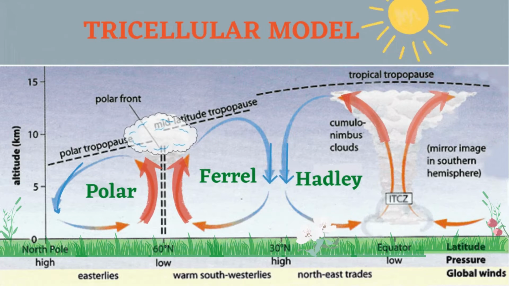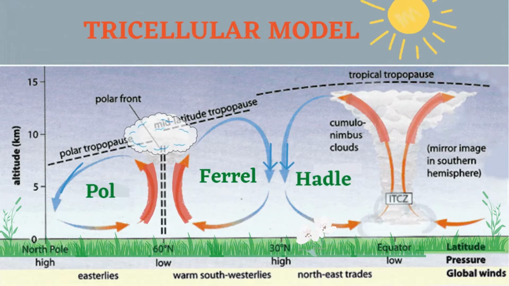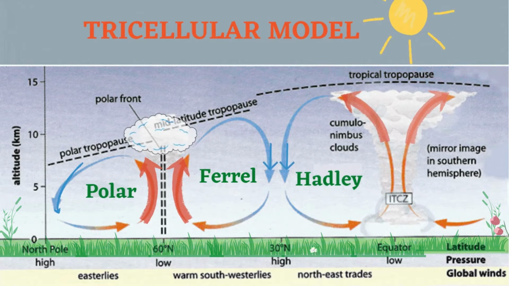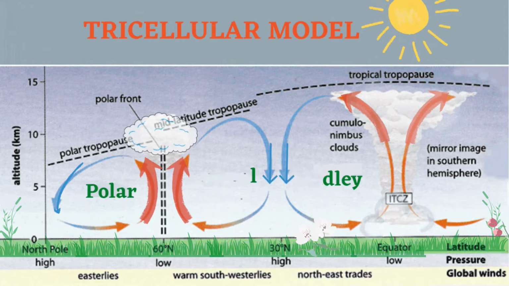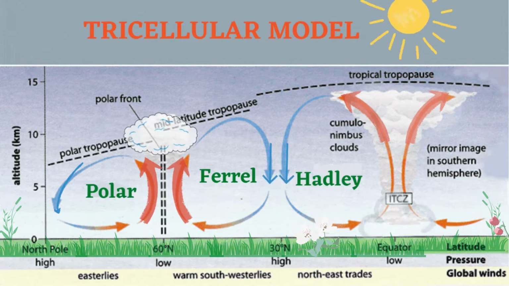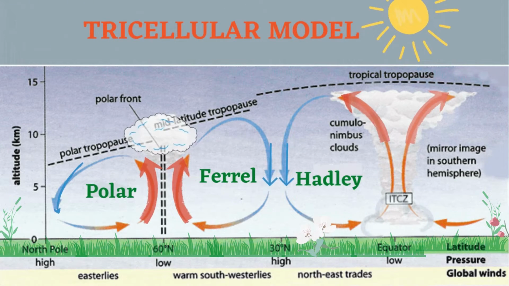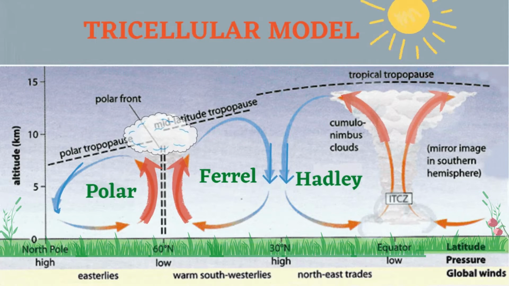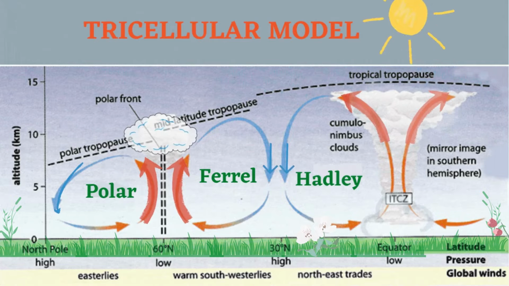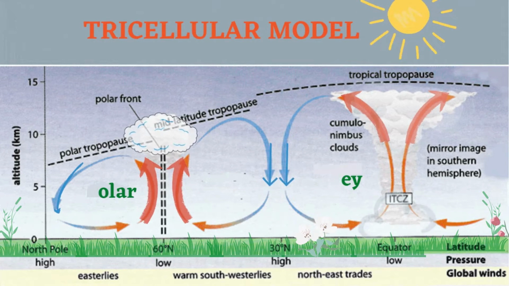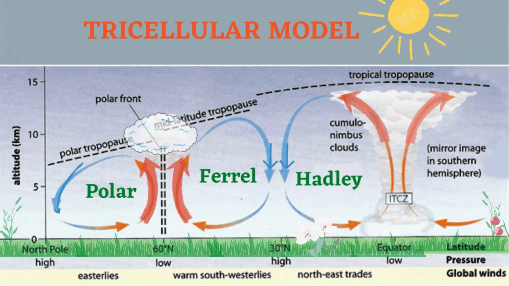So, all of what we have discussed so far is to help us to understand the tricellular model. The tricellular model is a two-dimensional model which shows how energy is transferred polewards via three cells of air circulation.